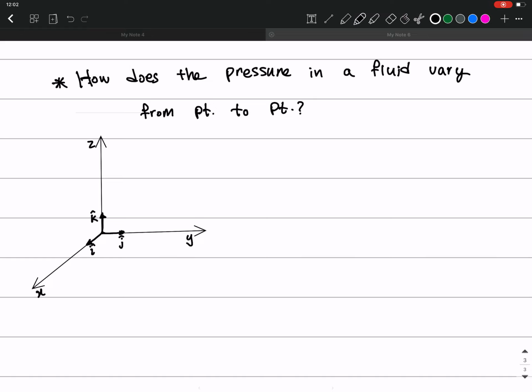So now the fluid element, let me draw that one. A fluid element here.